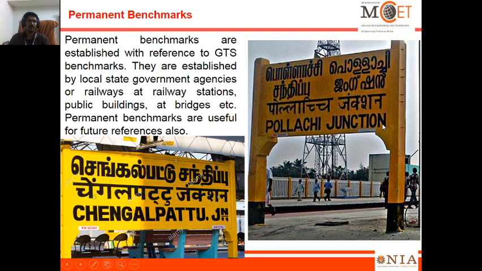Here Pollachi it may be 100 plus, right? So the level difference between different points on the earth's surface was established by the local authority, but it was carried from the GTS benchmark and it is also a very standard one, right?